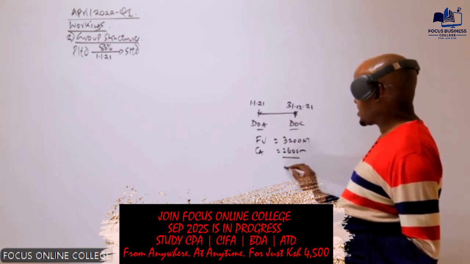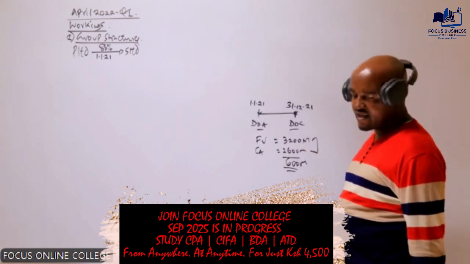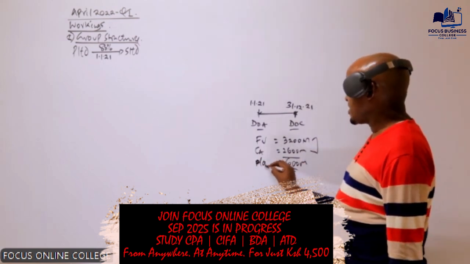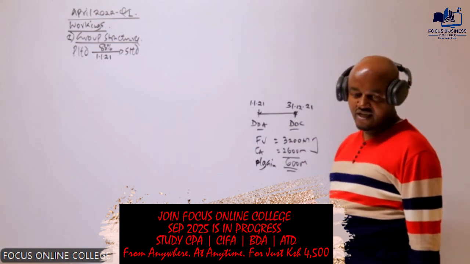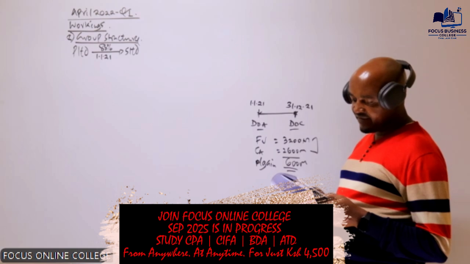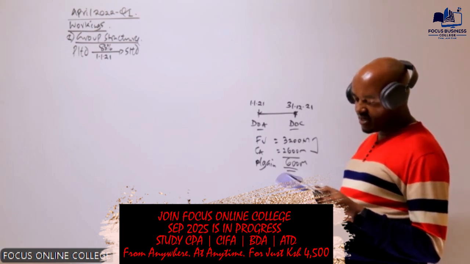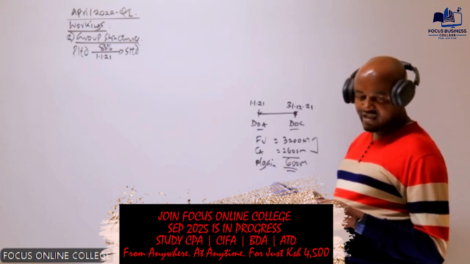The net assets had a fair value of 3,200 million franc, and the carrying amount was 2,600 million. So it means we have an increase in the value of the asset by 600, which is a valuation gain. You're told the excess of the fair value over the carrying amount was due to an unrecognized brand with a remaining useful life of 5 years at the date of acquisition.